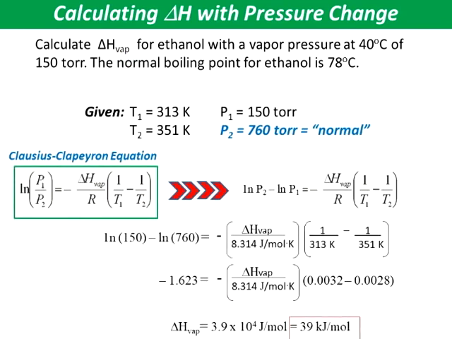So now that we have identified the variables, we use the Clausius Clapeyron equation, and here we have to rearrange this equation to account for these two pressures. So be aware, in a problem like this, you'll use a rearranged form of the Clausius Clapeyron equation to account for the two pressures.